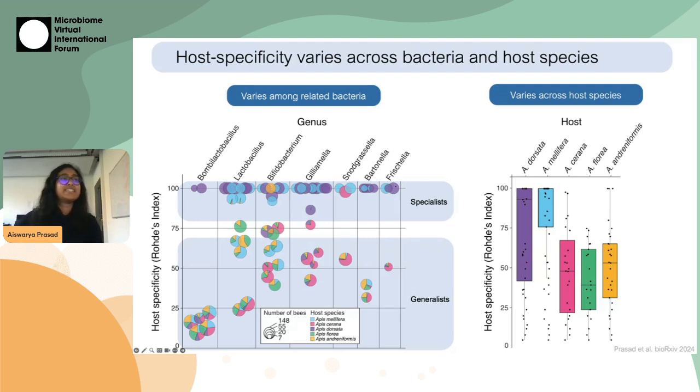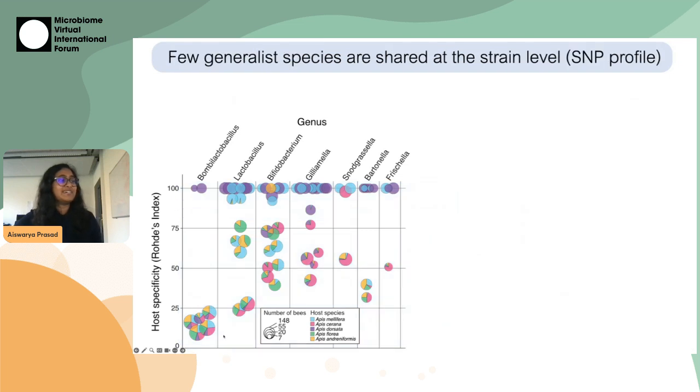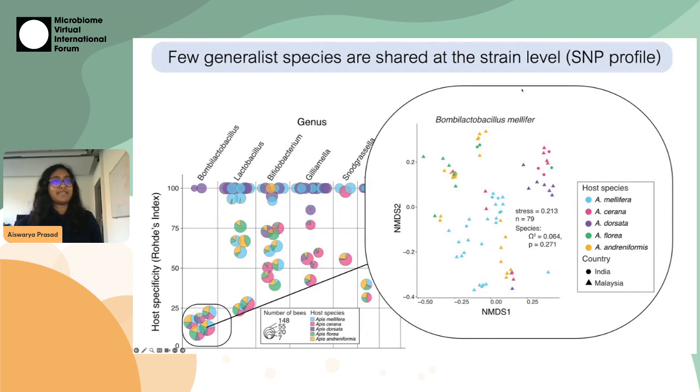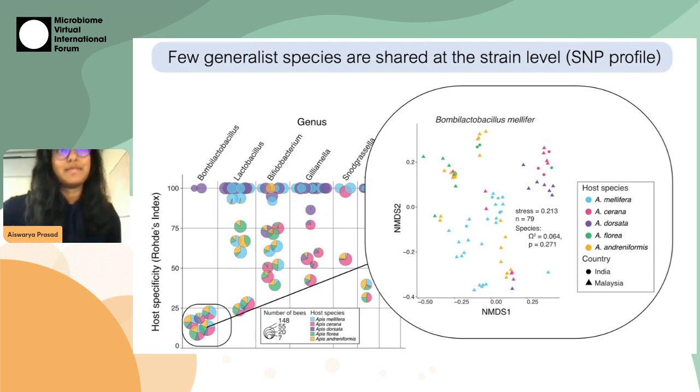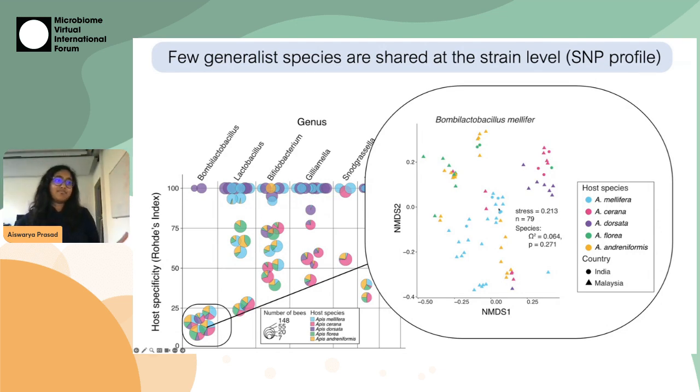Next, we asked, within each of these species, what might the strain-level profile look like? So consider these generalists, for example. This is an example of Bombilactobacillus mellifer, where we look at the overall SNP profile and we plot each sample based on an NMDS. It turns out that this looks like a generalist at the strain level as well, which is what you would expect.